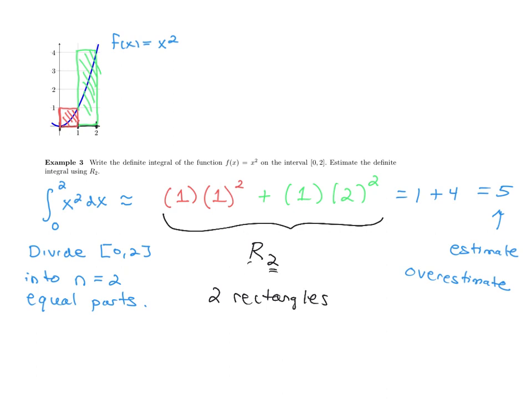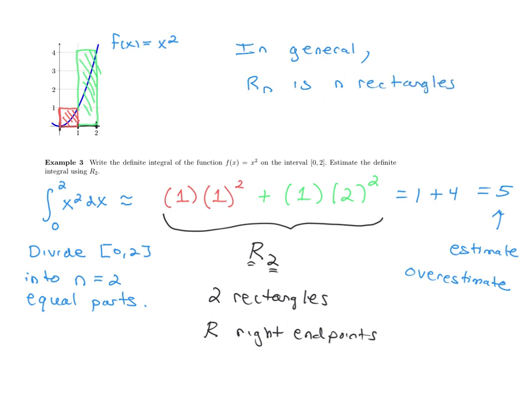And the capital R means we're using right endpoints. So in general, if you want to estimate the definite integral using R sub n, that is n rectangles using right endpoints.